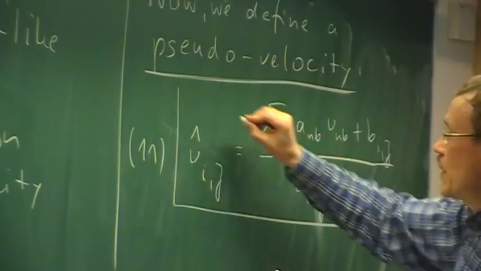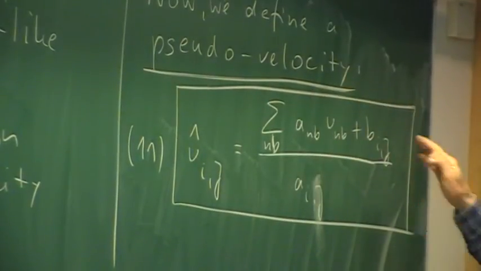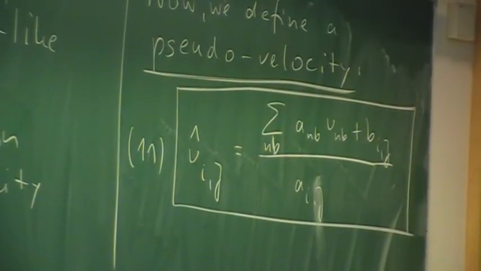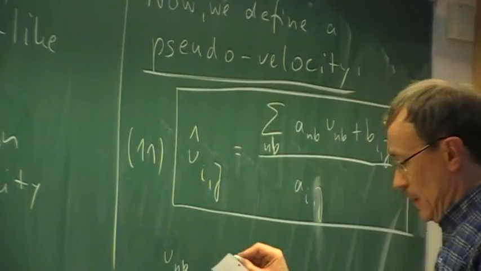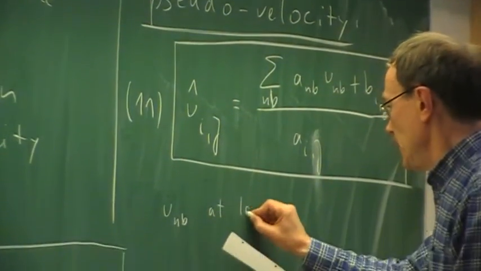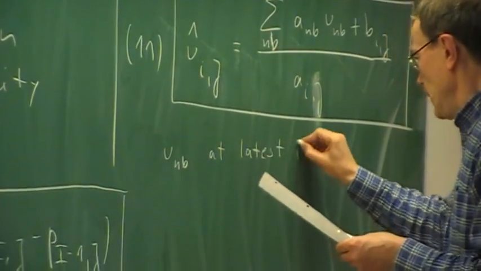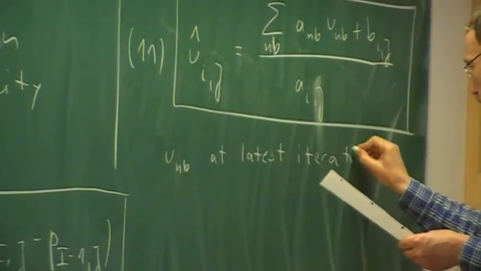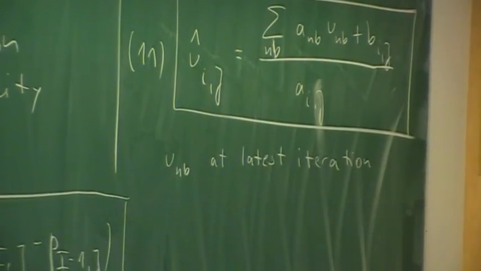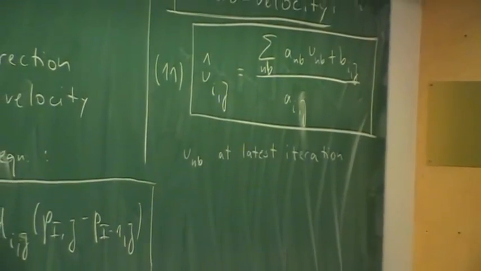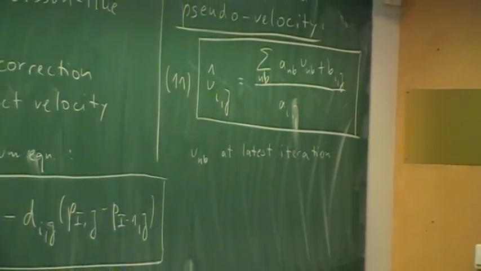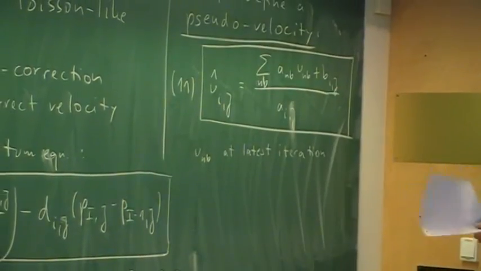And the velocity components appearing here are at the latest iteration. So the U and B are at the latest iteration. So then we can express this equation 10 with these pseudo velocities.